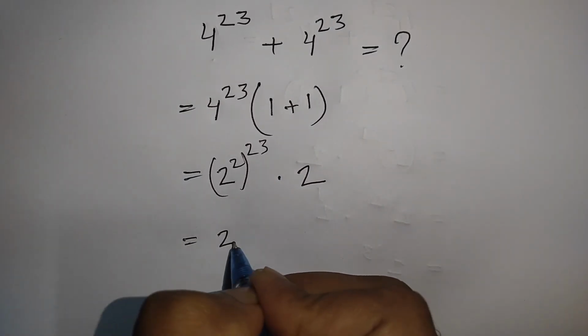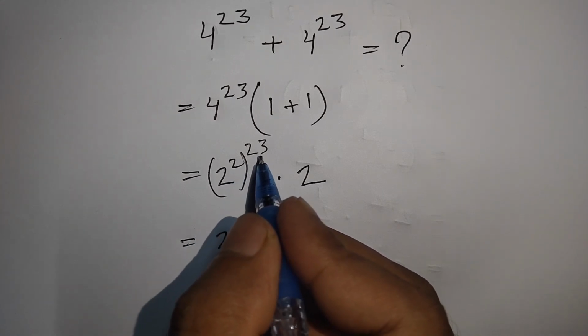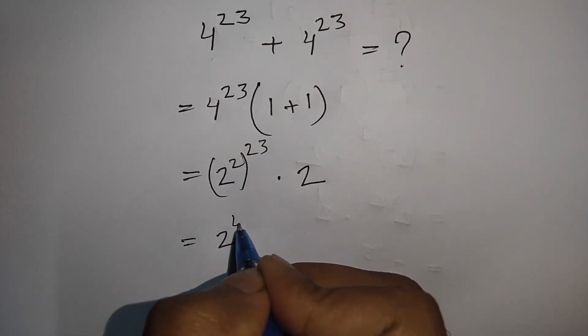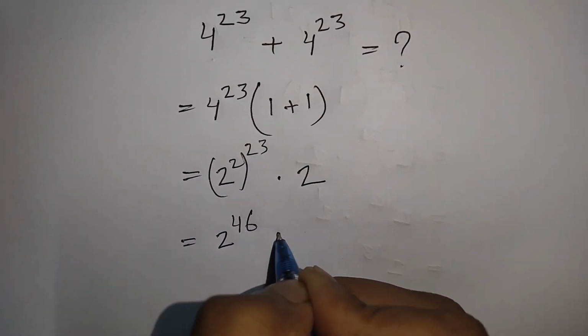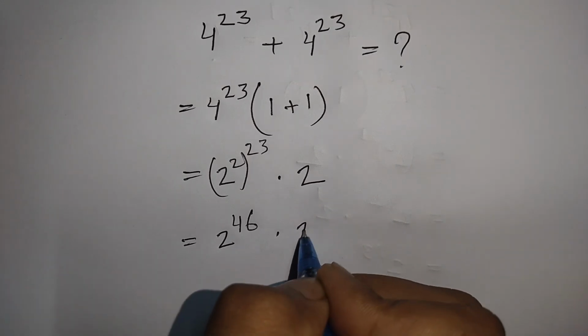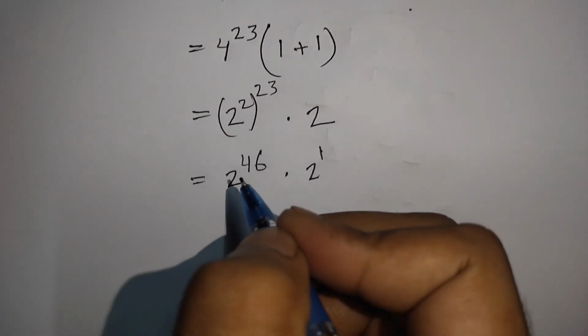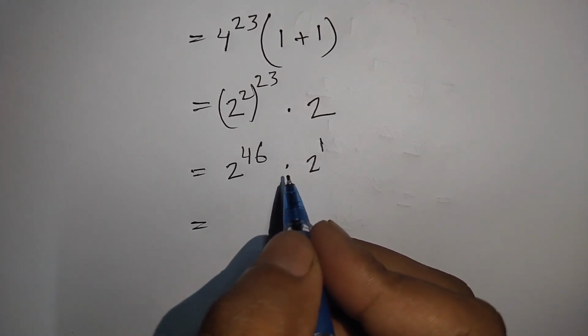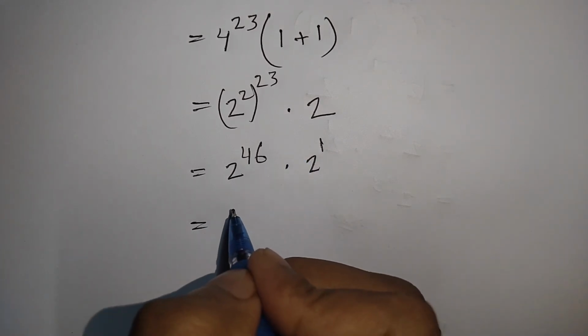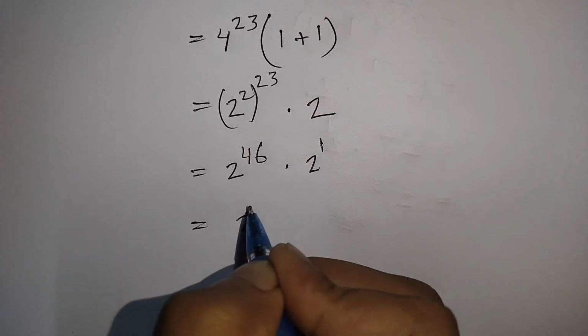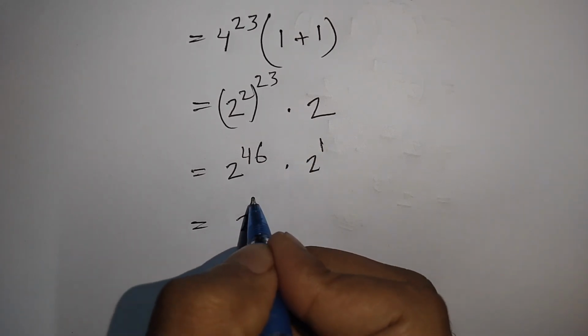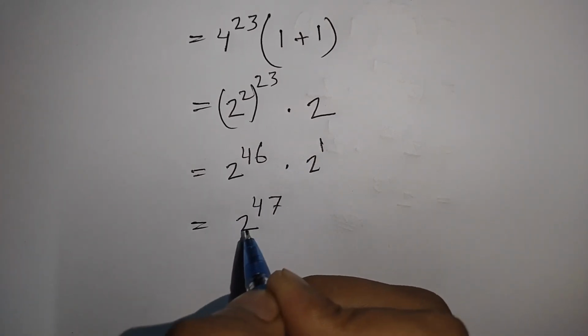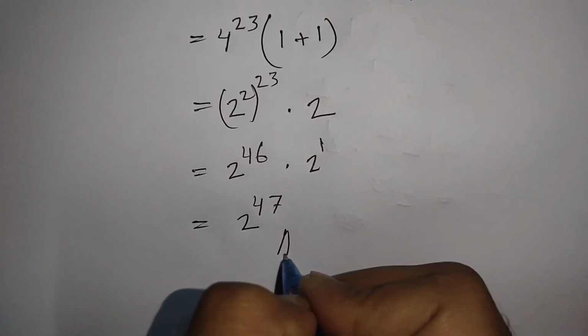Now 2 to the power 2 times 23, that means 46, times 2 is same as 2 to the power 1. Now we see that 2 same base but different powers, so we can write here 2 to the power 46 plus 1, that means 47. So 2 to the power 47 is the correct answer.